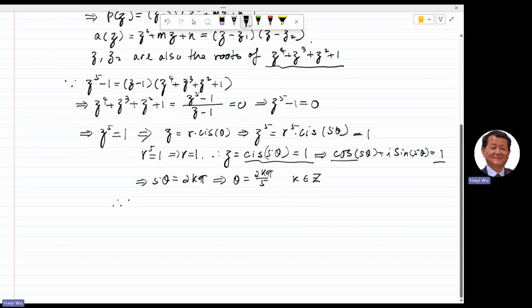So therefore we can write z in cis form: z equals cis of 2k pi over 5, where k is an integer.